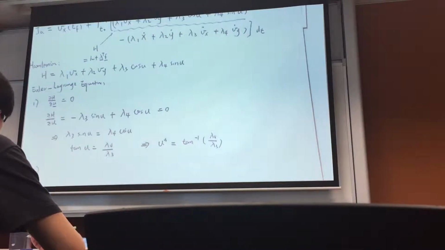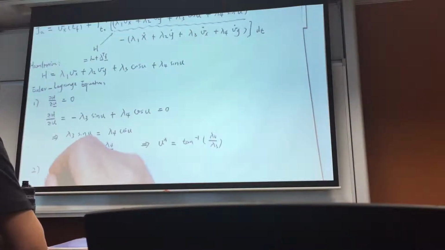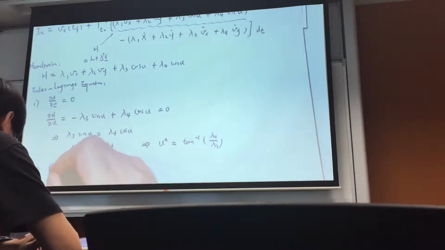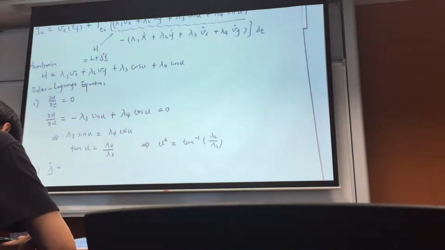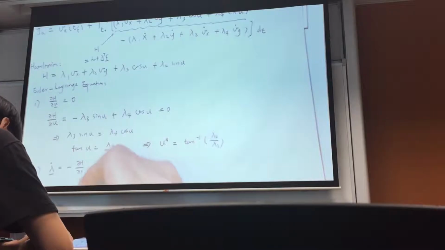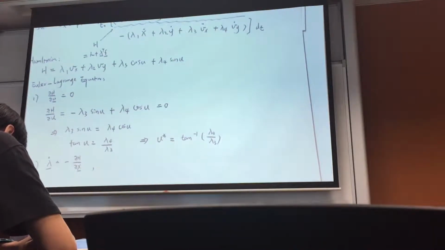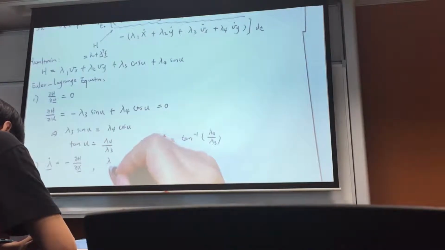So the second set of equations, the Euler Lagrange equation, is given by, remember, lambda dot equal to minus dH/dx. And here we have 4 lambdas.